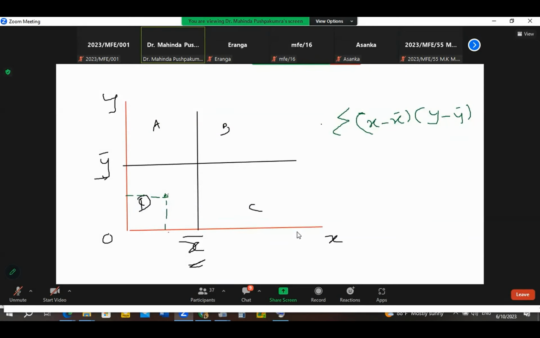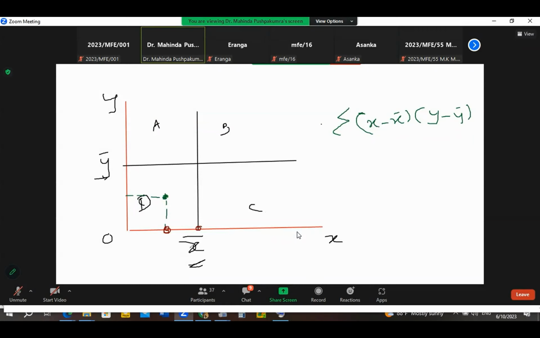Now related to this observation, if you calculate x minus x bar into y minus y bar, what is the sign of this value? Not the value, the sign of this answer. X value is here, x bar is here. X minus x bar, whether it is minus or positive?